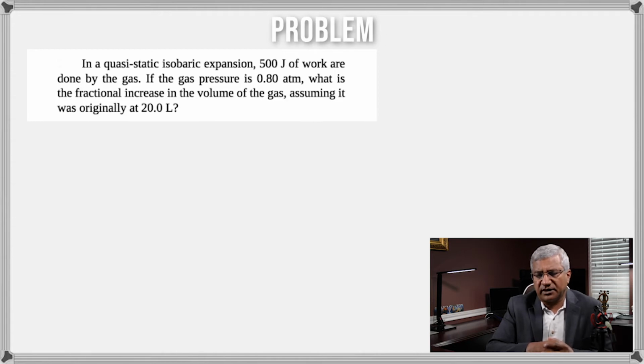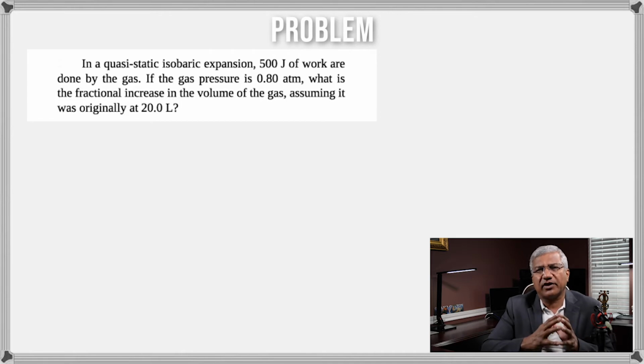So the work done is given, 500 joules. The pressure is given. We have to find the fractional increase in the volume. So that means we have to find V2 by V1. We have to find the change. And the original volume is 20 liters.